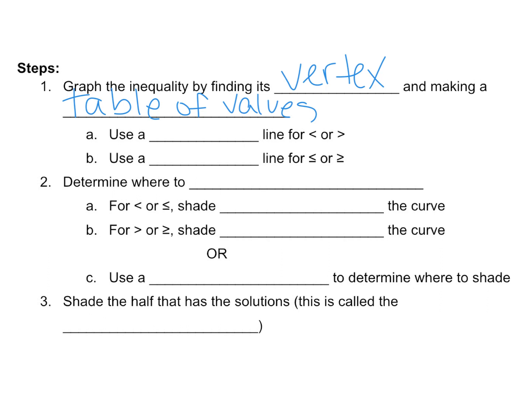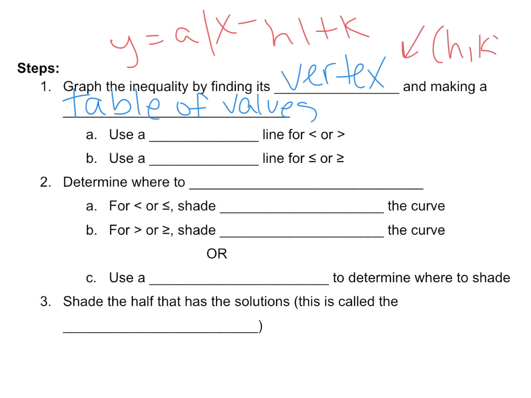Remember from yesterday that the equation was y equals a times the absolute value of the quantity of x minus h, plus k. And from that, we could pull out our vertex, which was just the point (h, k).